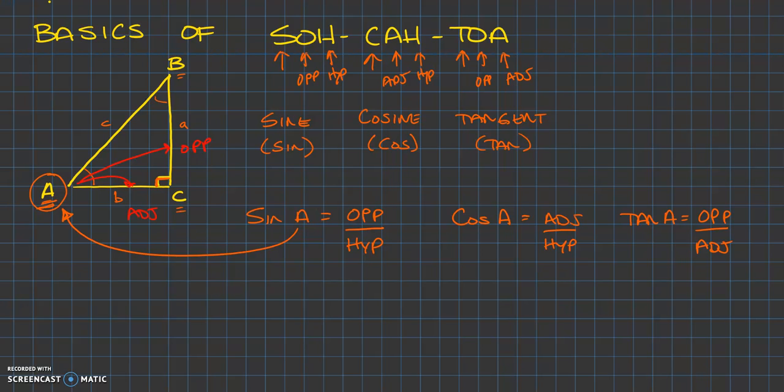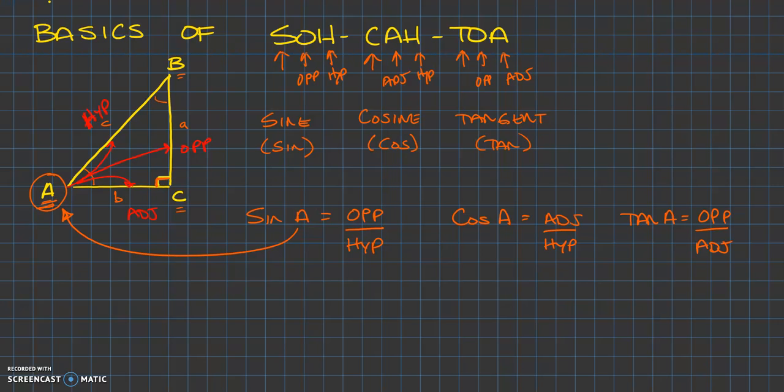But it's not the hypotenuse. The hypotenuse is always across from the largest angle. With a right triangle, the largest angle has to be the 90-degree angle. So the hypotenuse is always directly across from the right angle. And so that would be the hypotenuse.